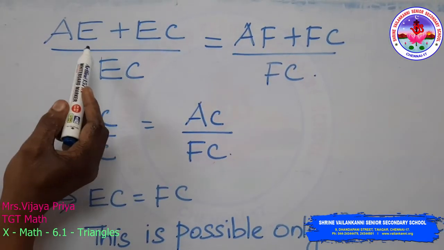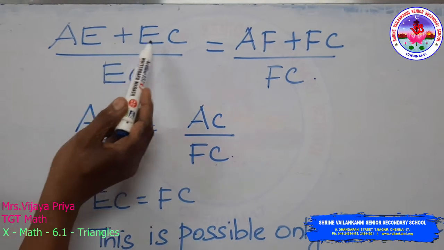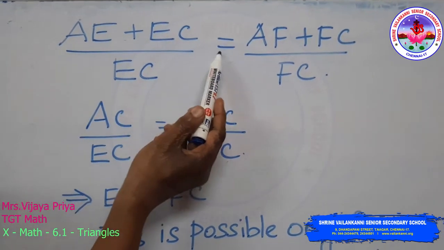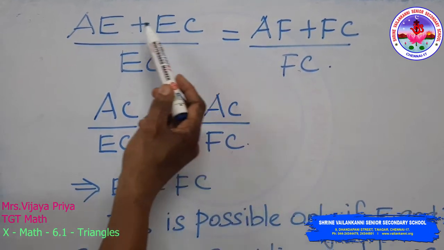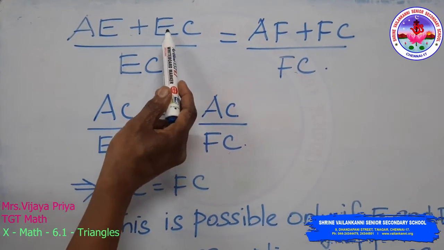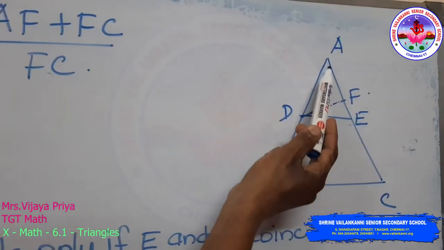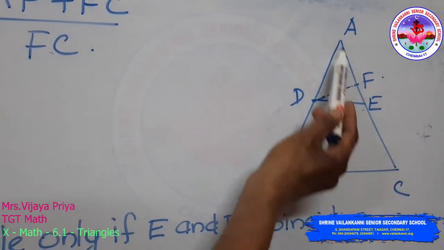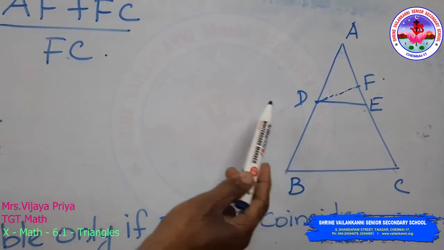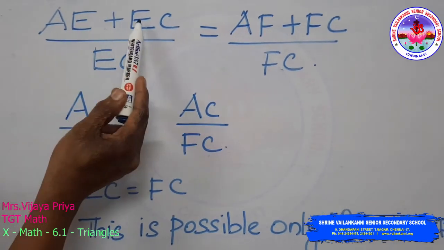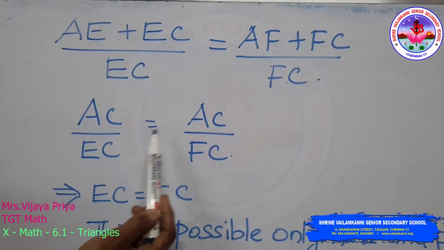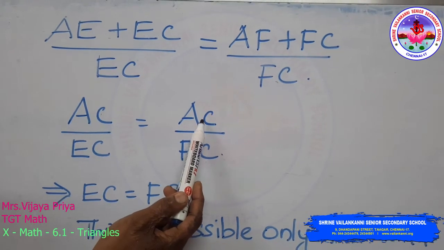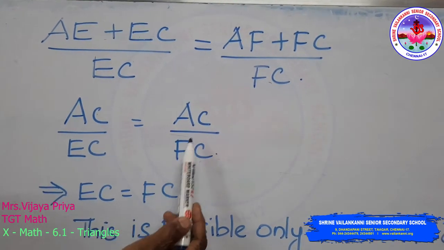By taking the LCM, we will get (AE plus EC) by EC is equal to (AF plus FC) by FC. From the figure, AE plus EC gives AC. So AE plus EC by EC is AC by EC. Similarly, AF plus FC becomes AC by FC.